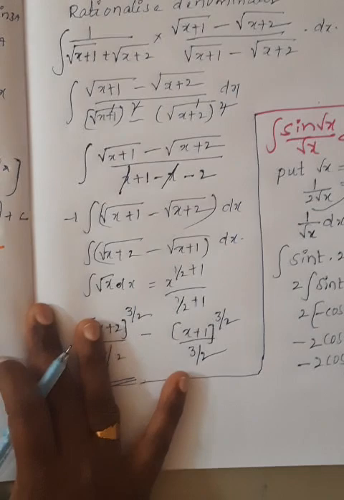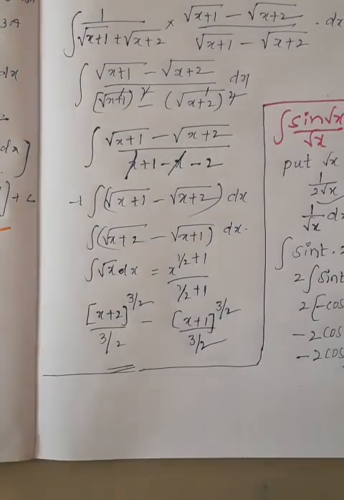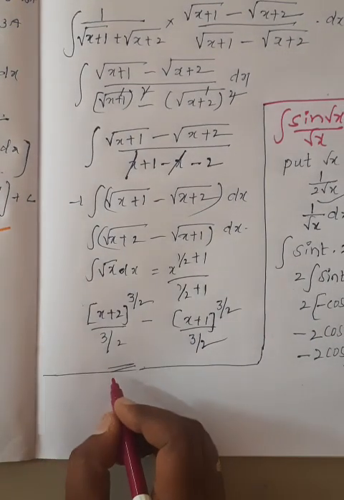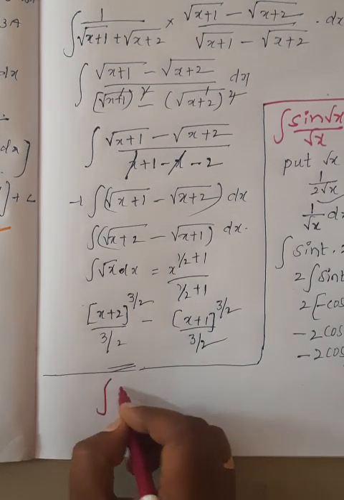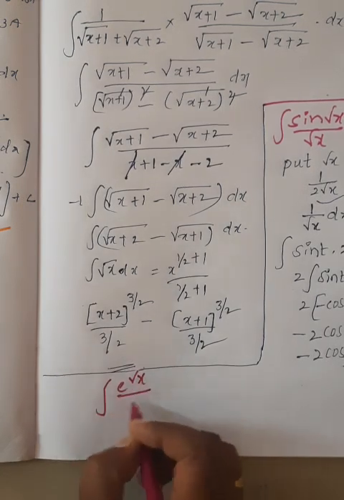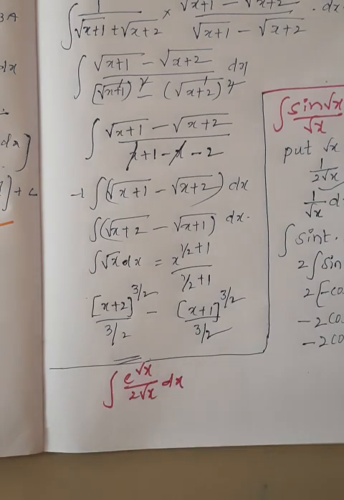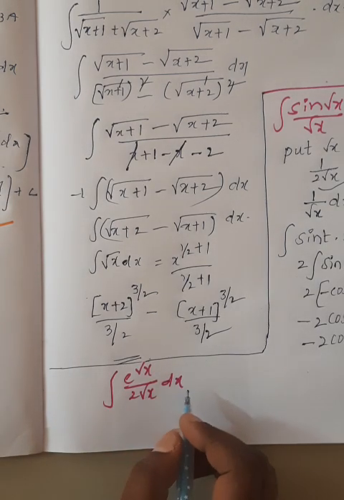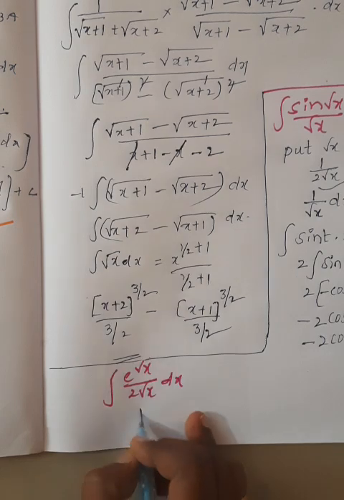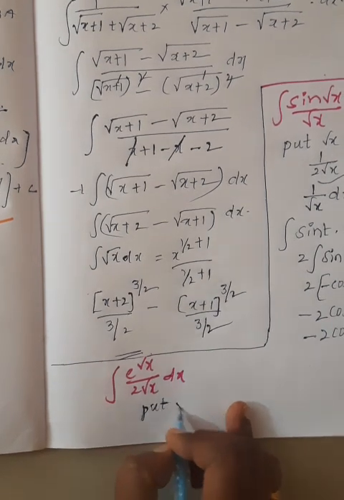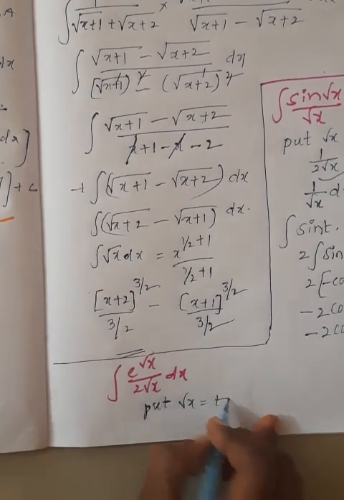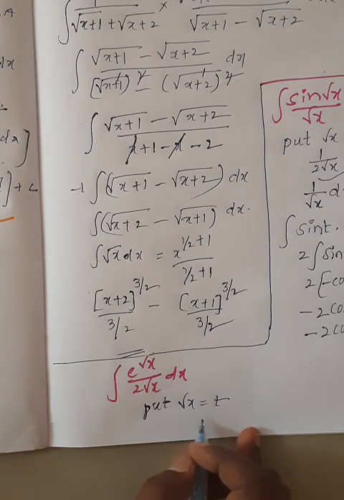Now let us consider one more question. Integration of e to the power root x by 2 root x dx. So here also we have to put root x as t. So put root x equal to t. Then we have to differentiate root x.